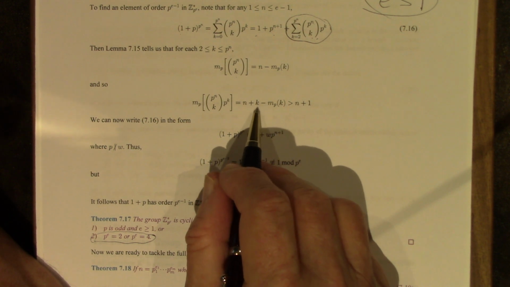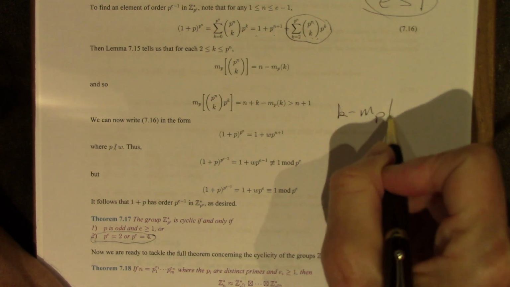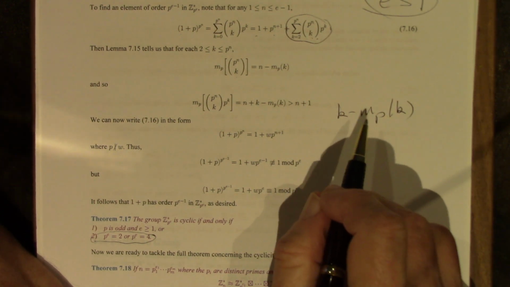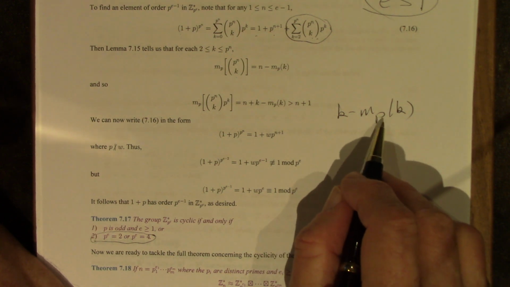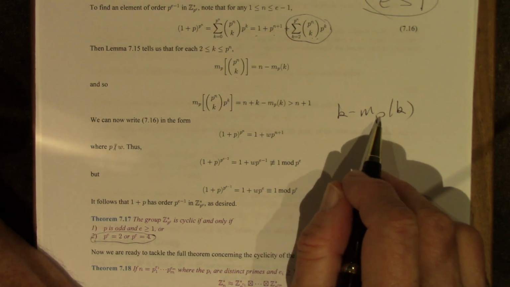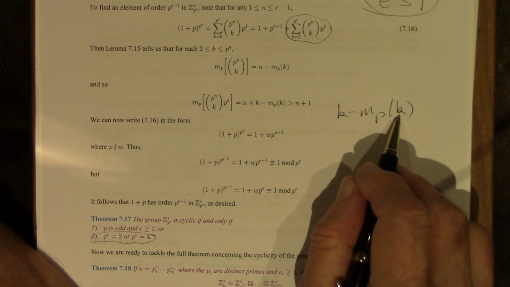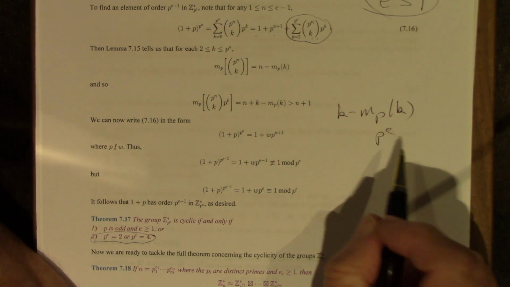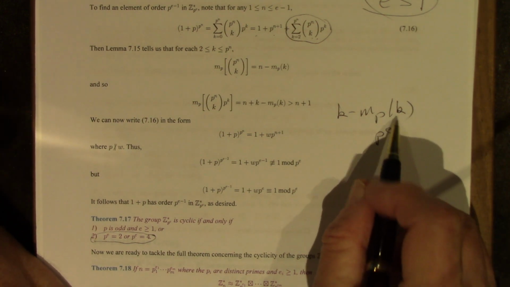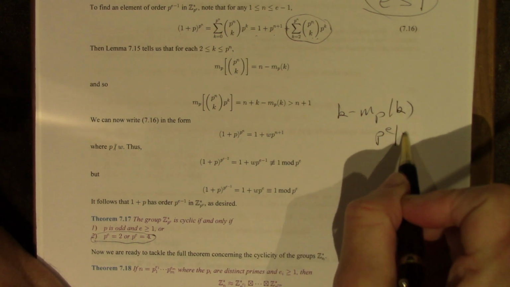Now, k minus mp of k is, in words, k minus the largest exponent of p that divides k. So let's say that's p to the e. Let's say e is that largest exponent. Okay, so p to the e divides k.